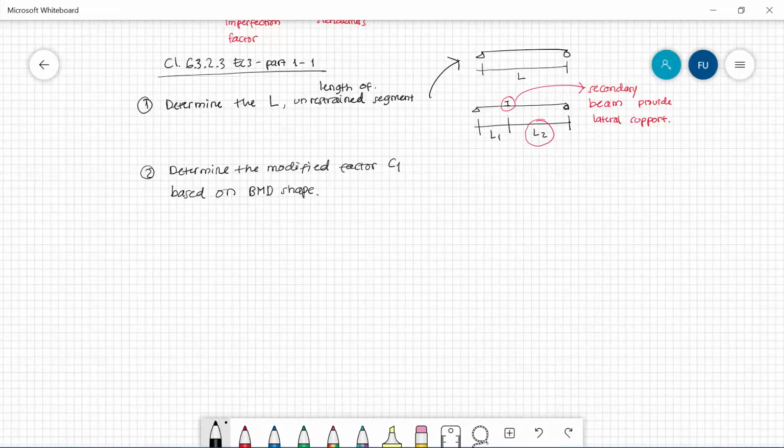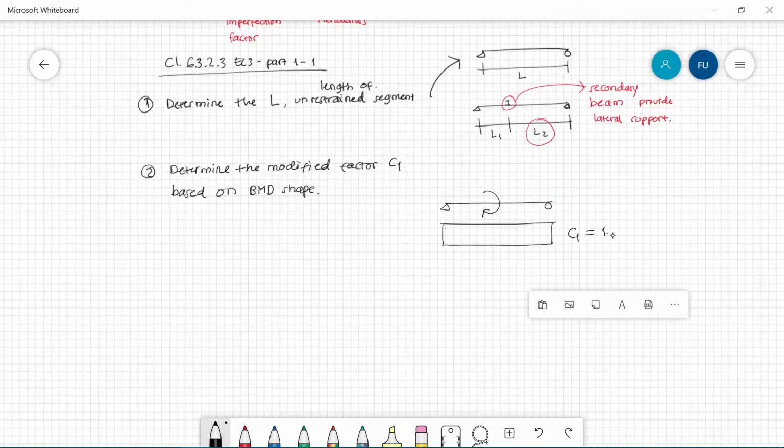So for uniform bending moment, the value of C1 is equal to 1.0.